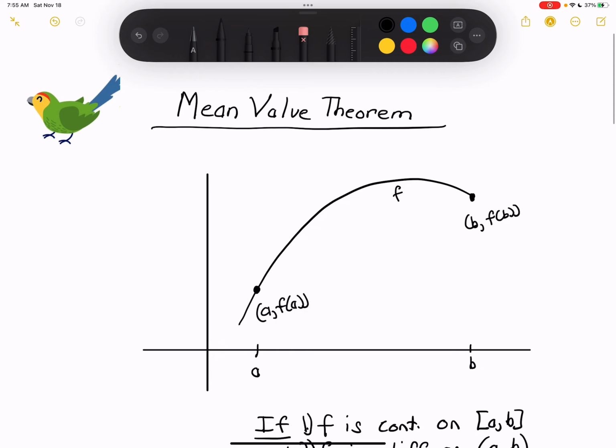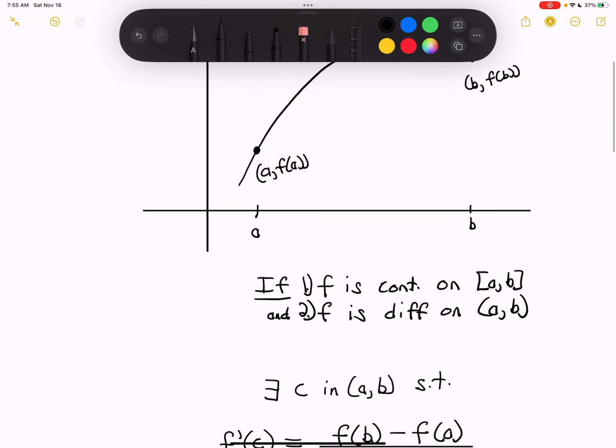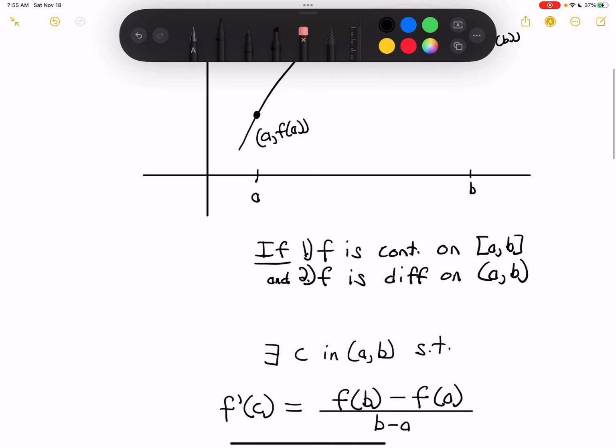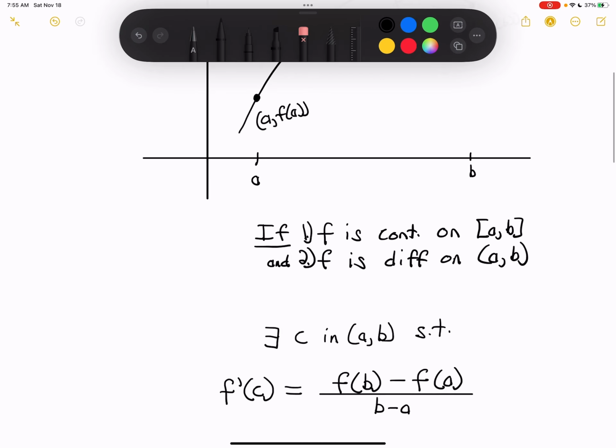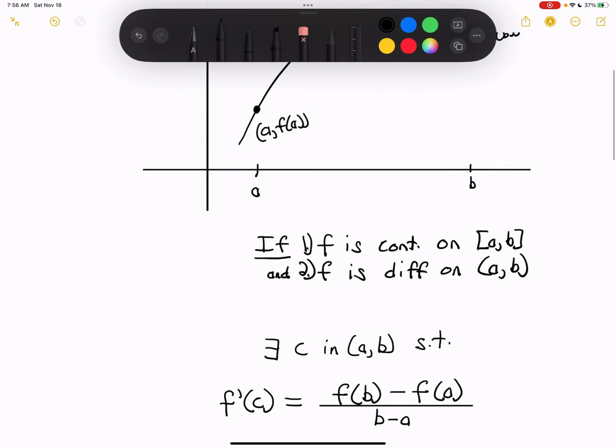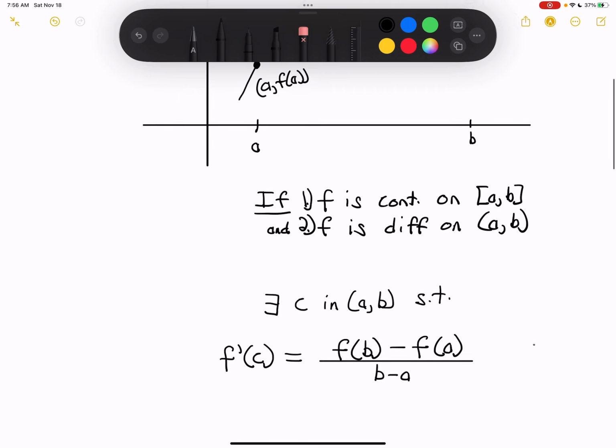And so if that's the case, then I know that I can state the following, and that is f prime of c is equal to f of b minus f of a over b minus a. And what that means is, you'll notice here that this is just a formula for slope, this part right here.